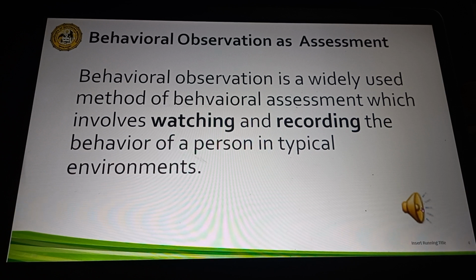Now, in using behavioral observation in assessment, conceptually, behavioral observation is a very popular method of behavioral assessment. Unlike other methods of behavioral assessment, which mostly rely on people's subjective perceptions of behavior, behavioral observation includes the process of watching or recording the behavior of a person in typical environments.